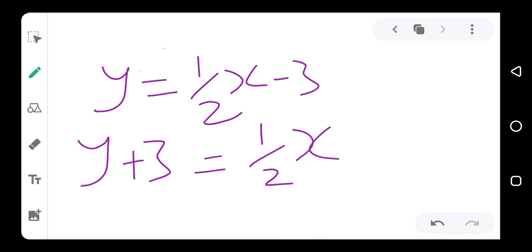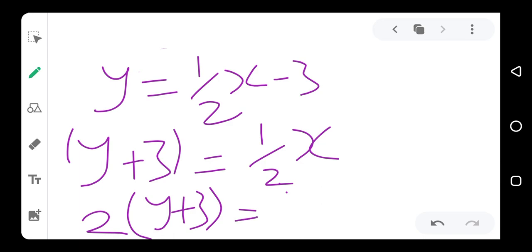Remember, our mission is to make x the subject of the formula. So if we have that, we can now say that the 2 here is a division, a denominator. So if it is coming to this side, it becomes a numerator. So it's going to multiply to this. So we have 2 brackets y plus 3 is equal to, this is x times 1, which is x.